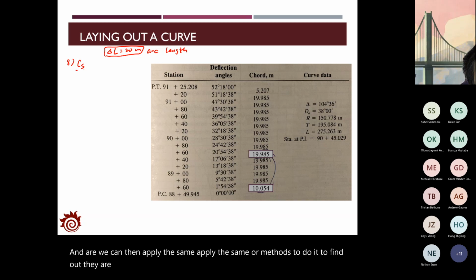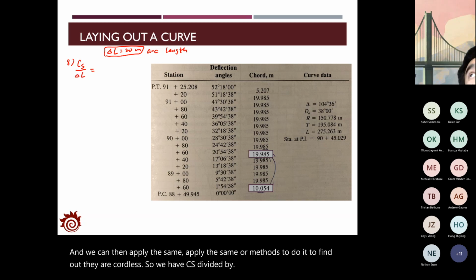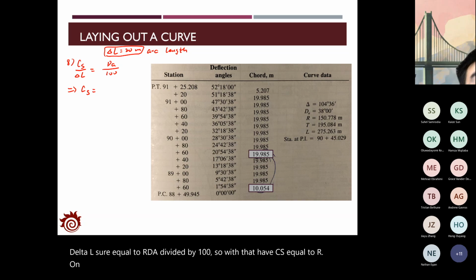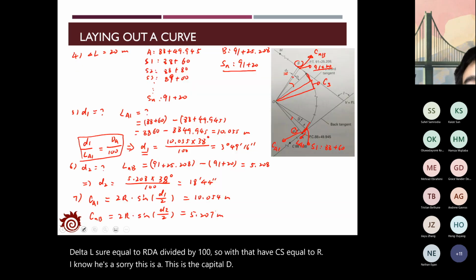So we have CS divided by delta L should equal to D divided by 100. Sorry, this is a capital D. Capital D is the angle of the arc.